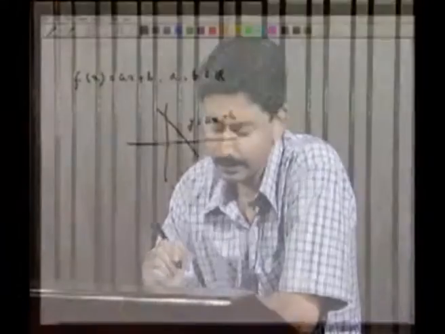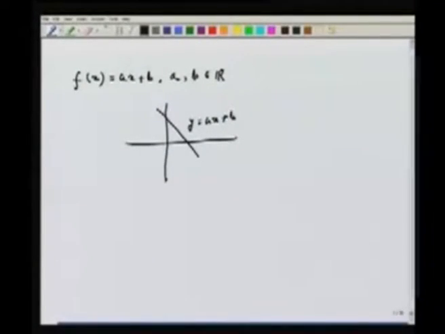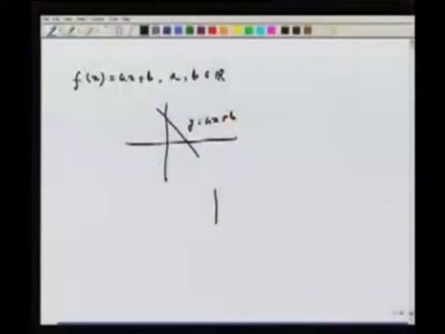But first, again, let's examine what it means to say a function is not continuous. Again, intuitively we know what it means. Let's try to draw a function whose graph is not continuous.